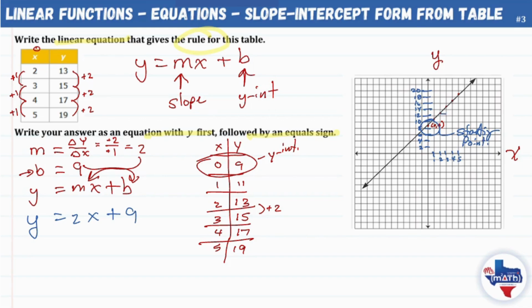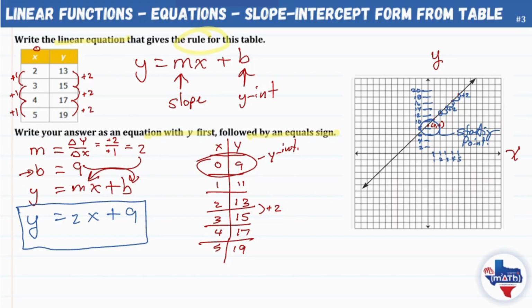As we move 1 to the right, we go up 2. So here, start at this point right here. So we go up 1, 2. Move to the right 1, go up 2, 1, 2. And the pattern continues. So our function is y equals 2x plus 9.